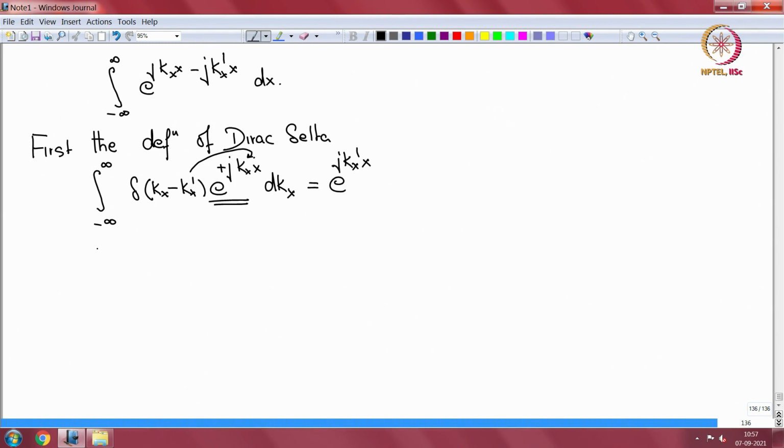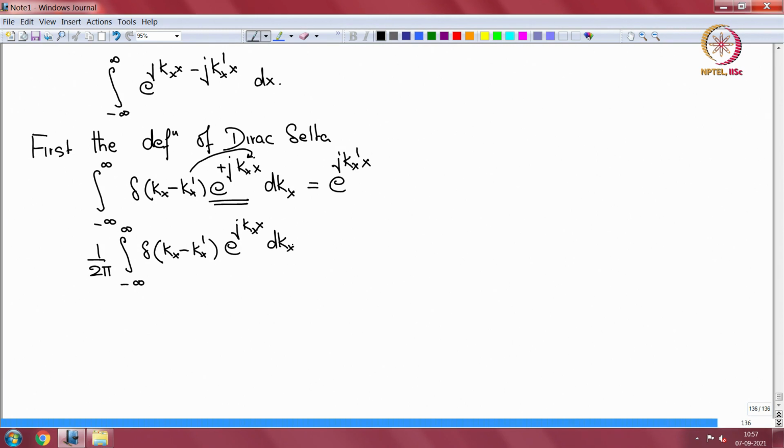Now what I do, I put in a 1 over twice pi integral minus infinity to infinity delta of kx minus kx dash e to the power j kx x dkx.